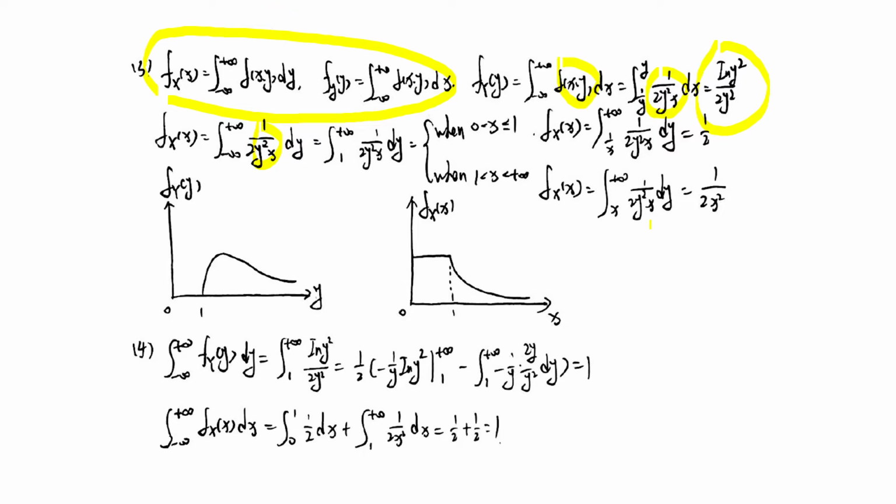The lower limit would be x, and the upper limit would also be positive infinity. So we just need to integrate f(x,y) from x to positive infinity here to find what f(x) in this range looks like. So f(x) is this one.